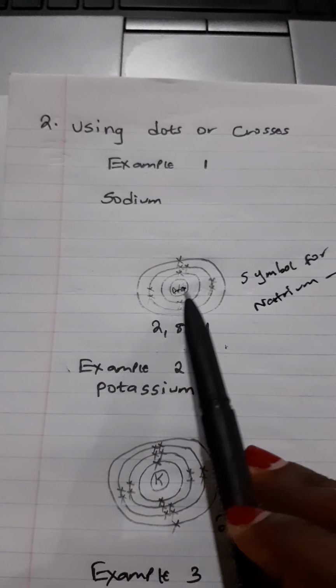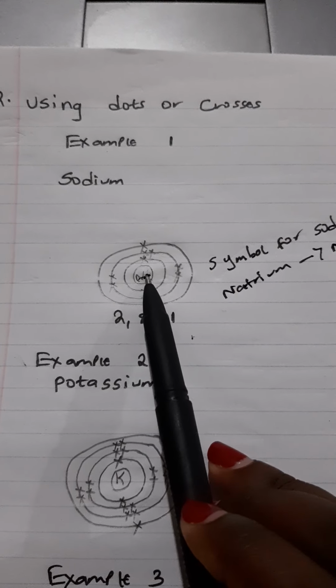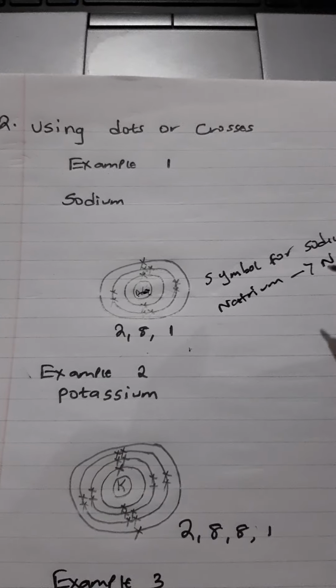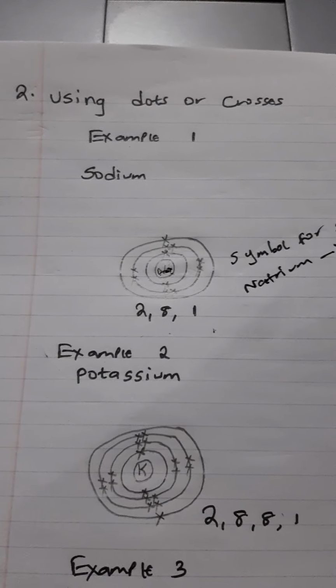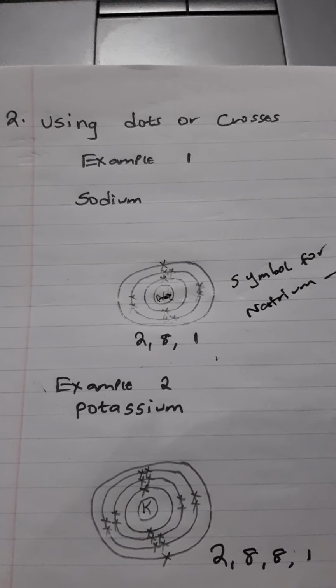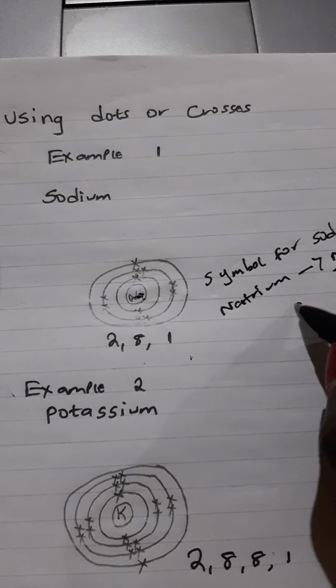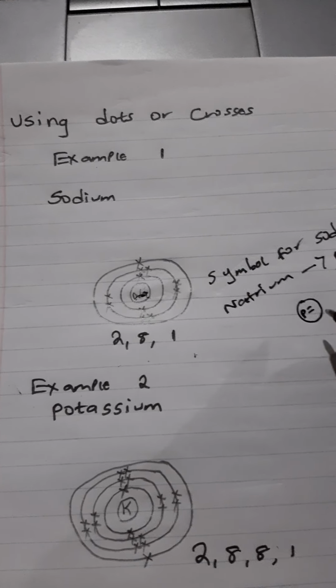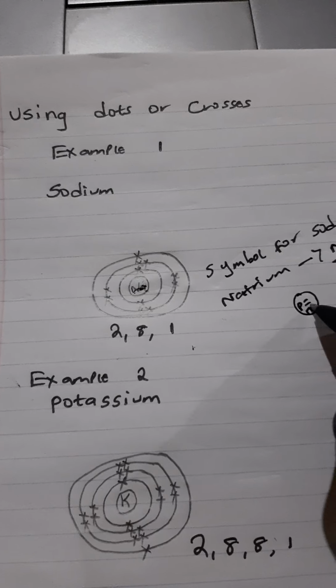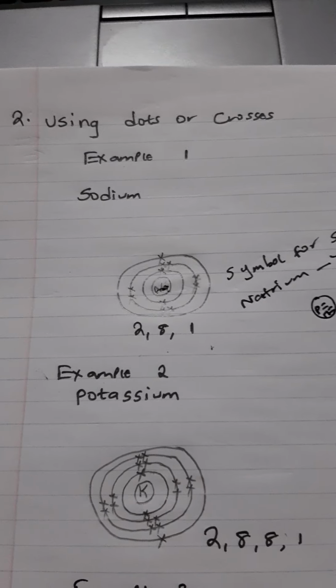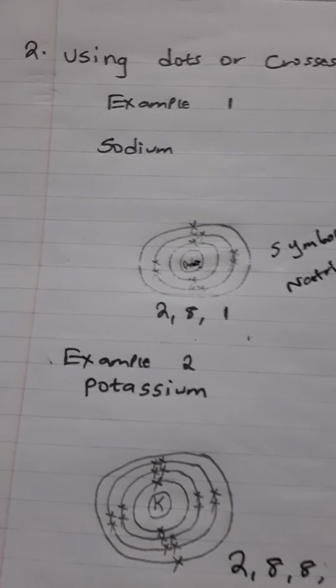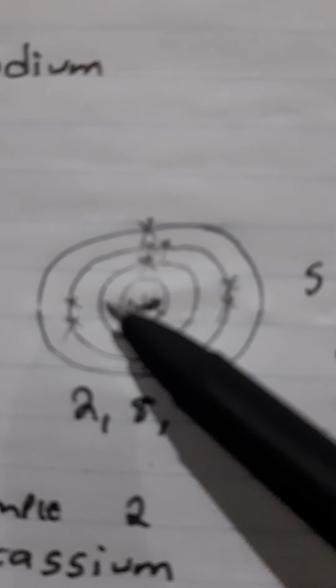So in the nucleus, you put the chemical symbol, or if you know the number of protons, in the middle you write how many protons you have and how many neutrons you have.